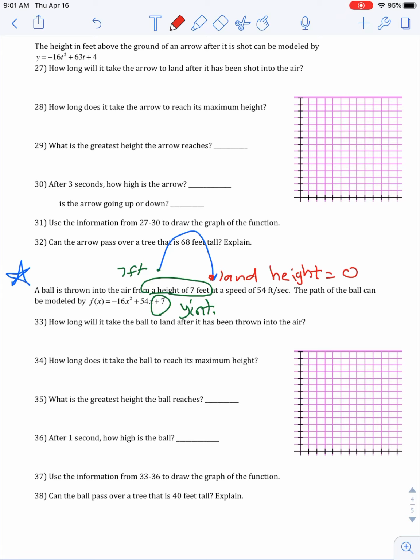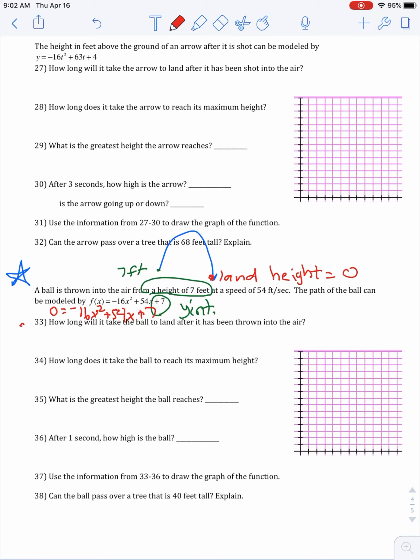is equal to 0. So what we're really going to find out is when the height is equal to 0. So we would be setting this equation equal to 0.